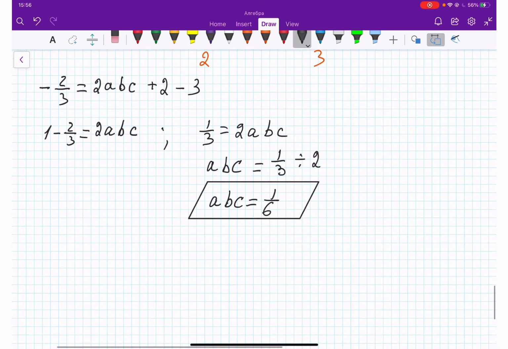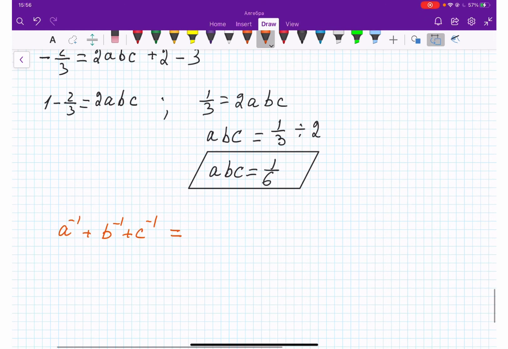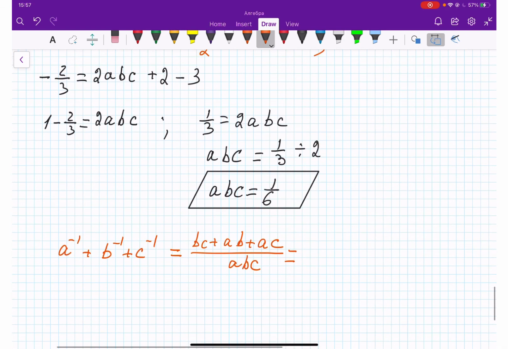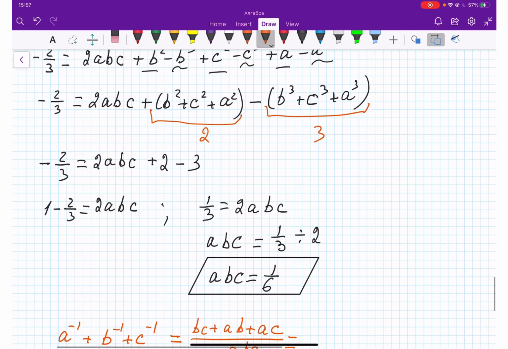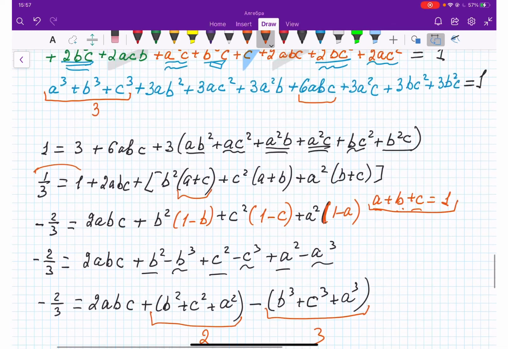Now let's put the pieces together. A to the power negative 1 plus b to the power negative 1 plus c to the power negative 1. After the simplification we did, it was equal to (bc plus ab plus ac) over abc, and we had, so first piece, bc plus ab plus ac was equal to negative 1/2.